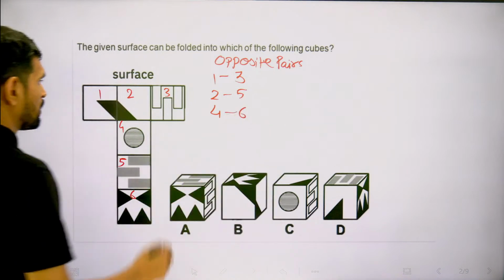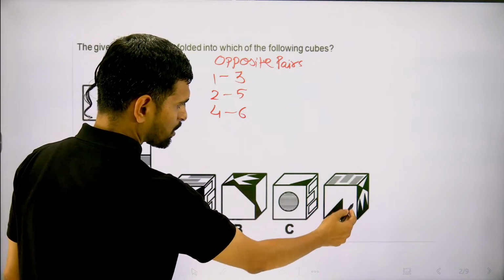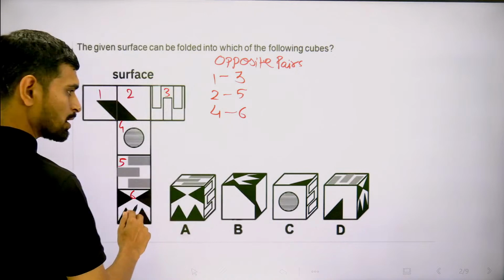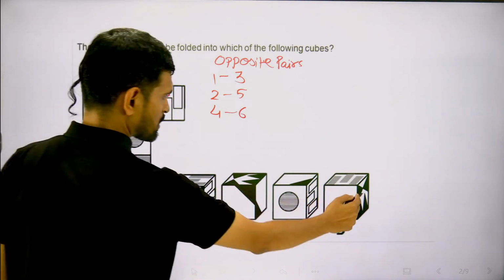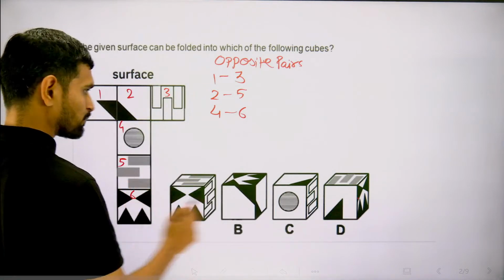Right. So if we consider this D block as our option, let's see 6. This sixth block is here. So the sixth's adjacent is the fifth one, right?